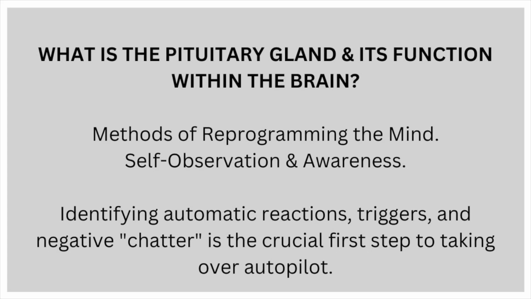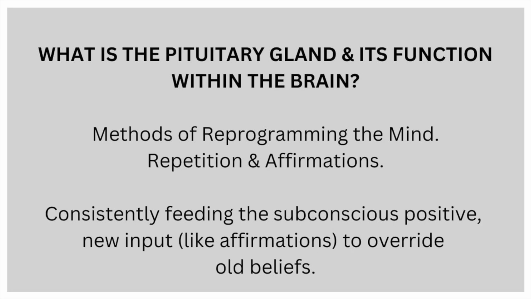Methods of reprogramming the mind. Self-observation and awareness. Identifying automatic reactions, triggers, and negative chatter is the crucial first step to taking over autopilot. Repetition and affirmations. Consistently feeding the subconscious positive new input to override old beliefs.